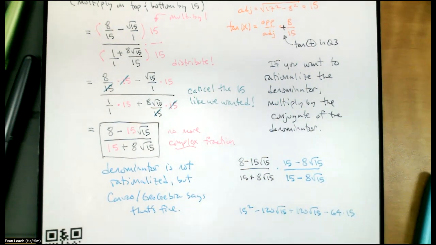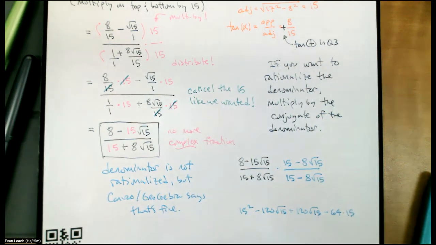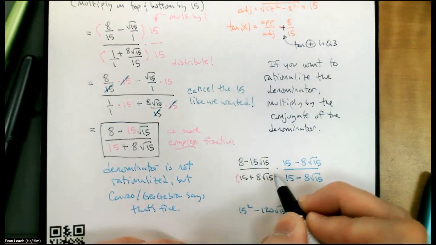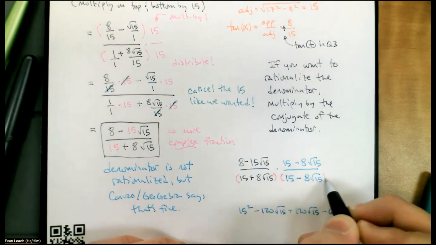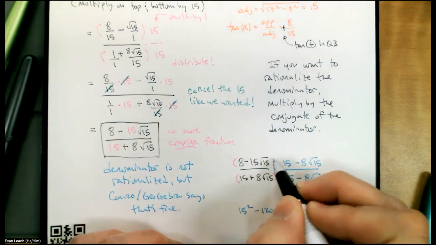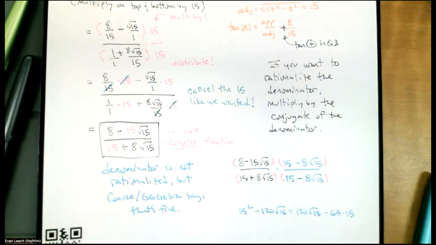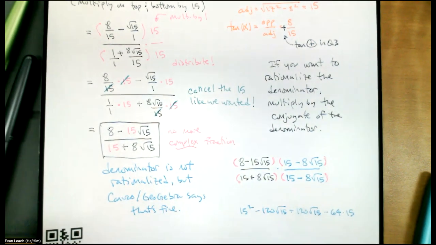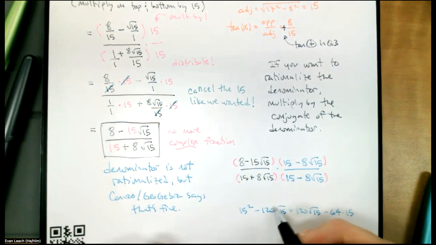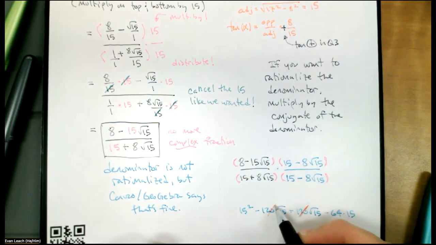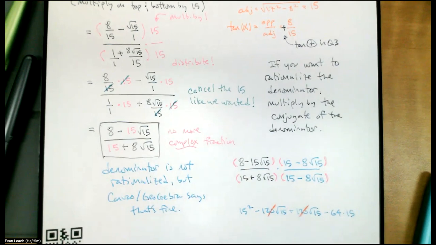So because the O and the I cancel out in our FOIL, that's how we get rid of the square roots in the denominator. These 2 terms cancel out. This was the point of doing this multiplication. We wanted to get rid of the square roots in the denominator, so this is how we get it.